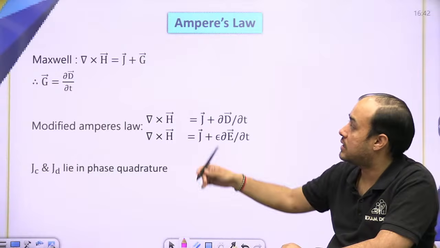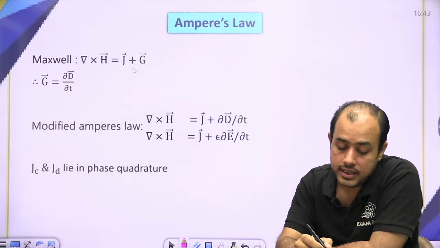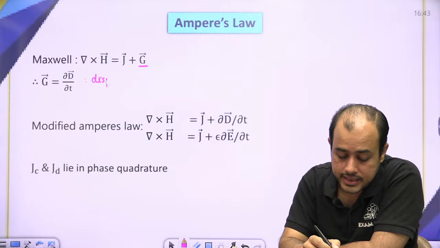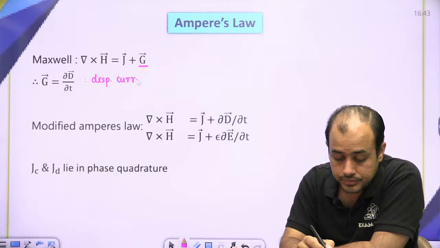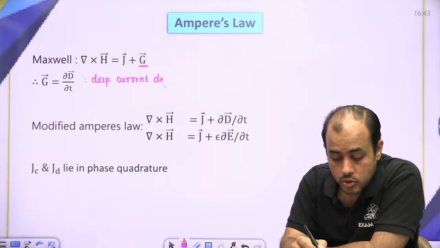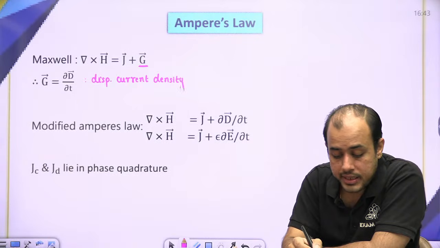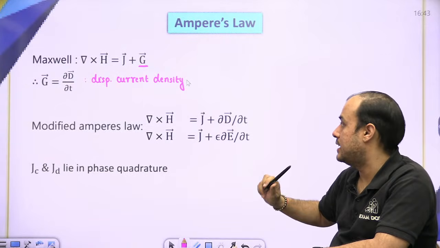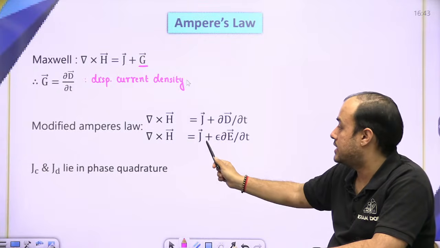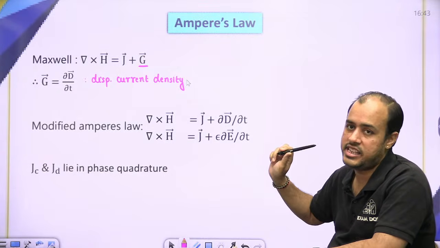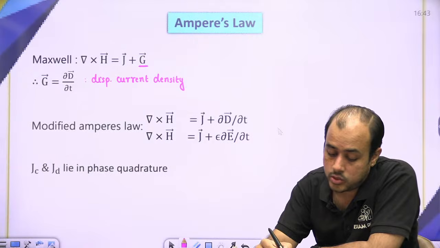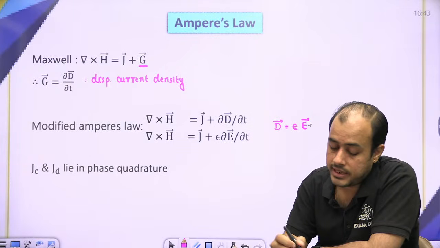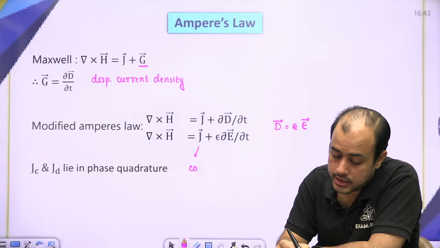Therefore, beta, Maxwell corrected Ampere's law. He added one term, which is the displacement current density. So he modified Ampere's law: del cross H is J plus del D by del t, or del cross H is J plus epsilon del E by del t, because D is equal to epsilon E. And beta, J is called the conduction current density.